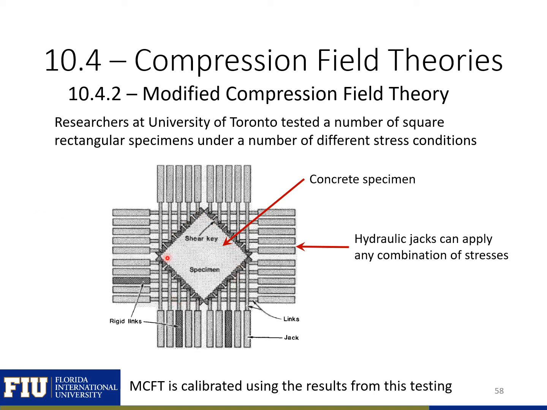They had these square concrete specimens with hydraulic jacks on all sides that could apply any combination of stresses. And they looked at how these different combinations of stresses affected the strength of the concrete. And they calibrated the modified compression field theory using the results from all this testing.